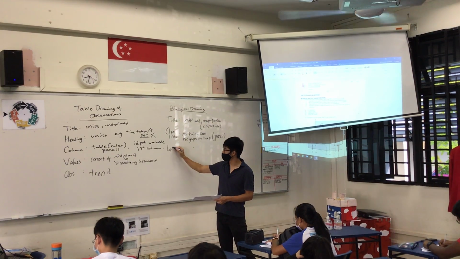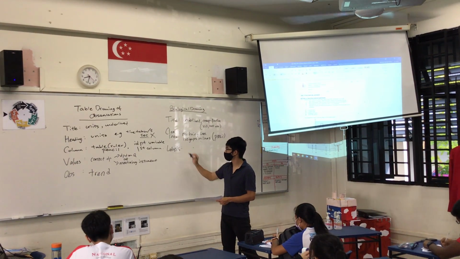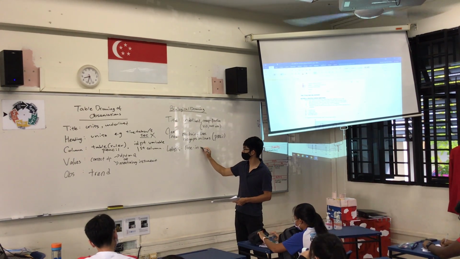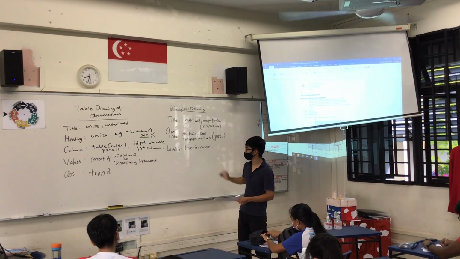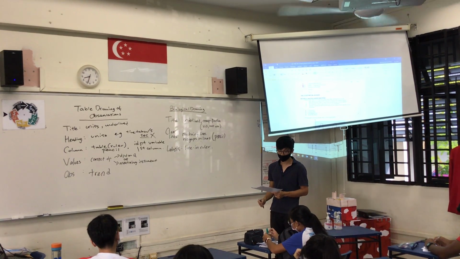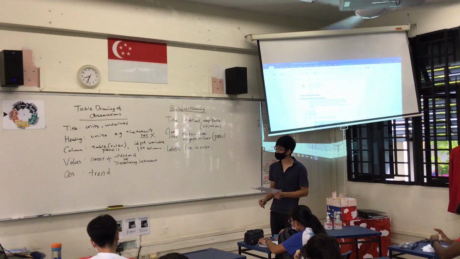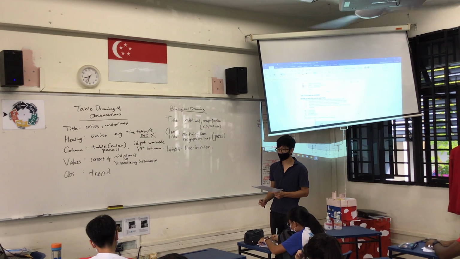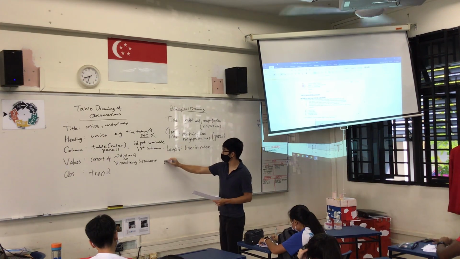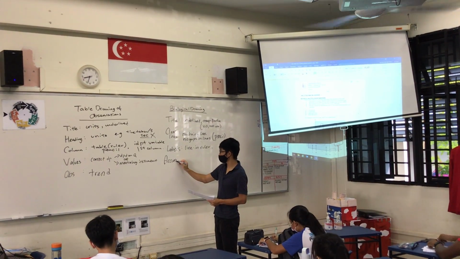L for labels. Your label line should be drawn with a ruler. A for accuracy.